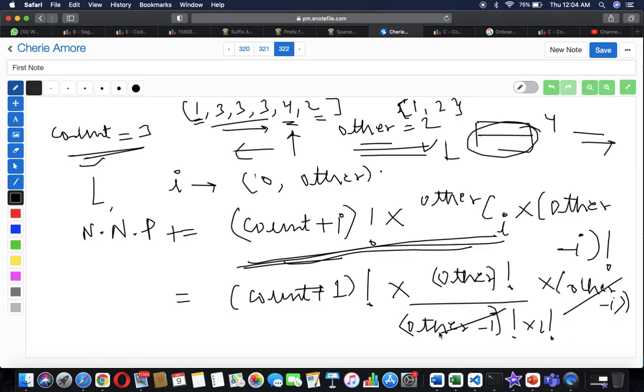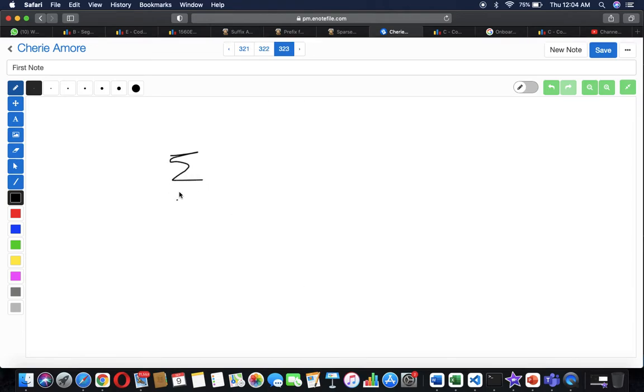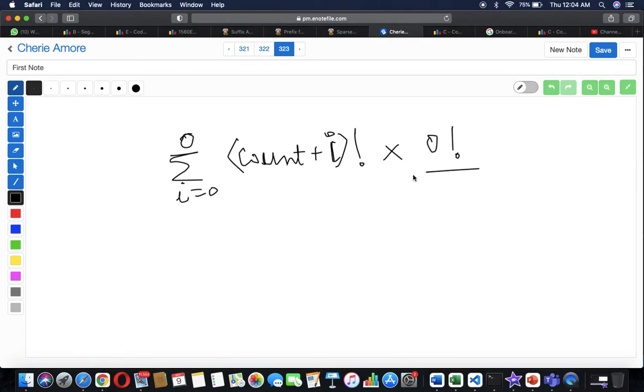And this gets nullified over here, and we are basically finally left with an answer to calculate, for I equal to 0. Let me denote other with O. And this will be (count plus I) factorial, sorry, into a value which is basically other factorial divided by I factorial.